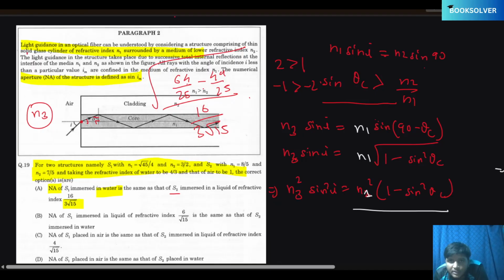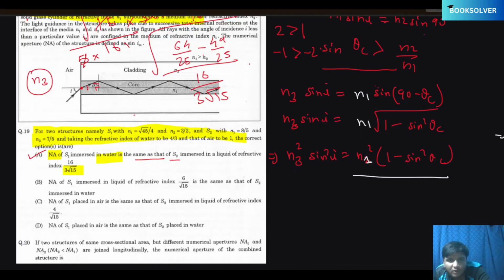So 64 minus 49 gives us 15, so root 15 by 5 into 3 over 16 root 15. The root 15 cancels with root 15, and the remaining factors also come out equal to 9 by 16. It means they are giving the same value, so option A is completely correct here.